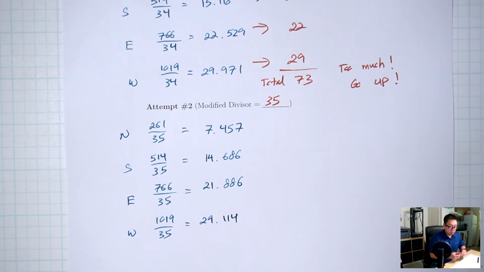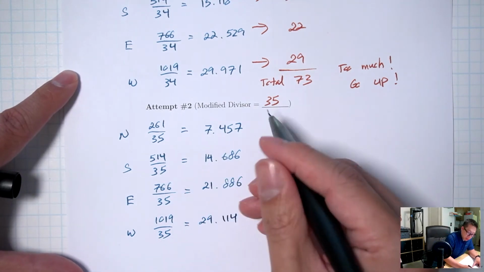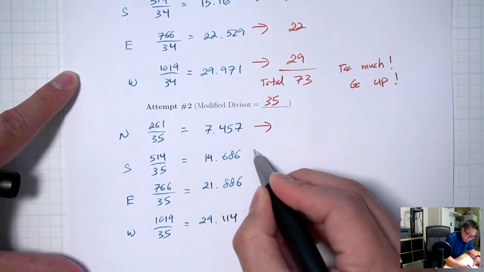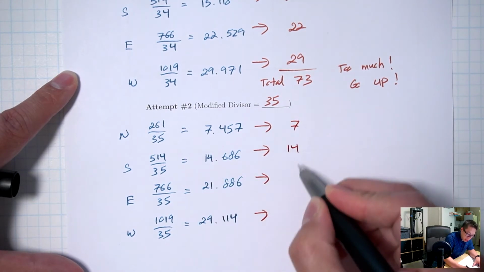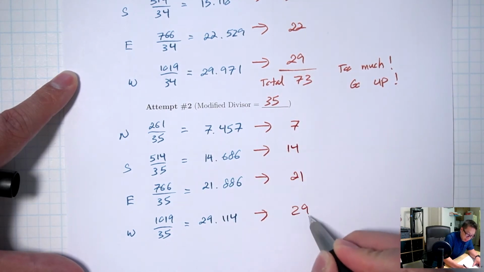Round down, which is the same thing as just ignoring the decimal. So we'll get 7, 14, 21, 29.